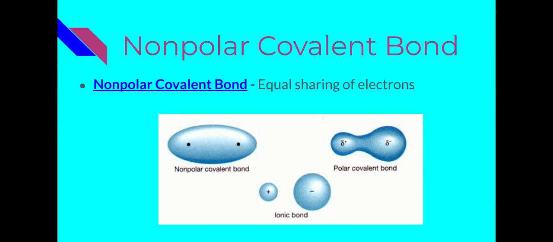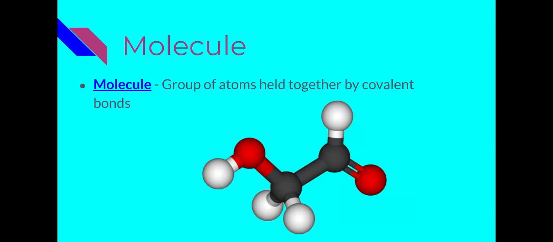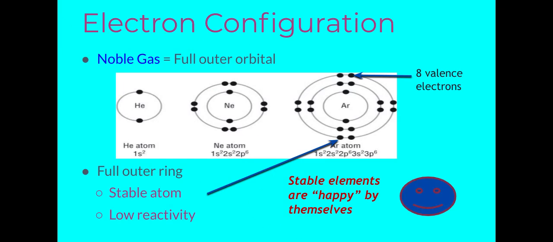We're going to talk about water next week, and I'm going to do a couple little demonstrations where I'm going to show you the properties of water, and we're going to see the polar covalent properties of it in those little experiments. So a molecule is a group of atoms that's held together by a covalent bond. So water is a type of molecule, and it's actually a polar molecule, which is our last slide.